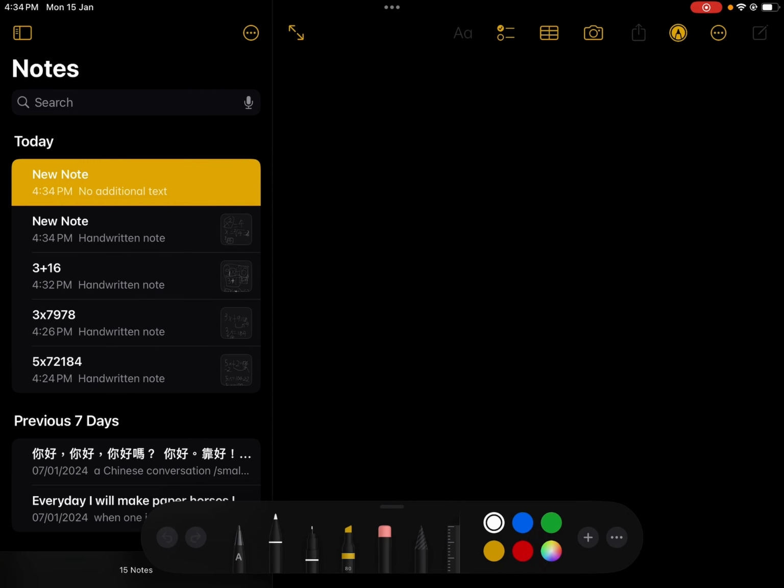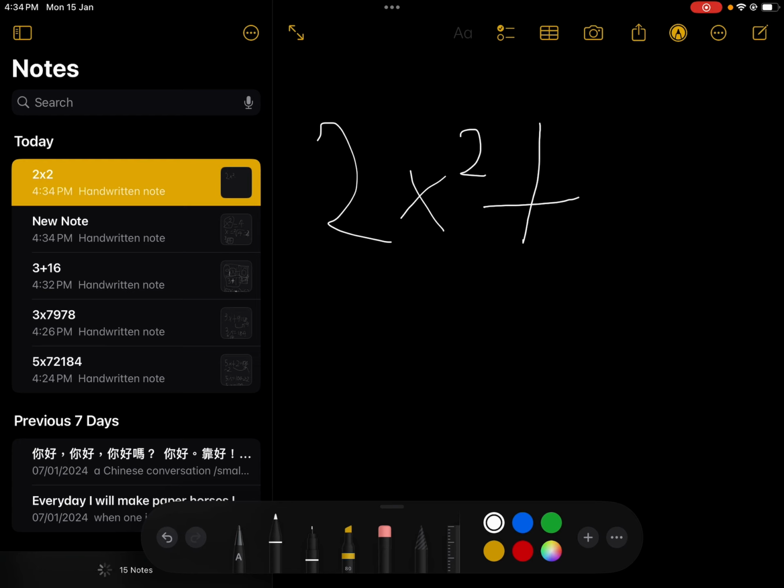This is what we're going to do. Say that 2x squared plus 2 equals 102.